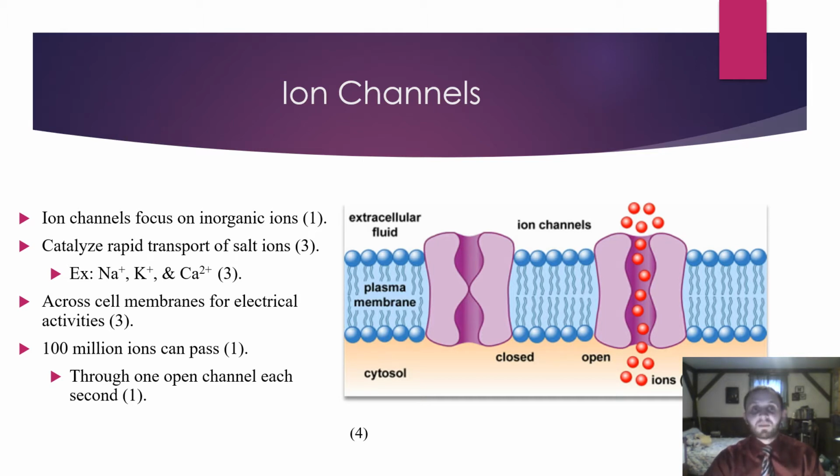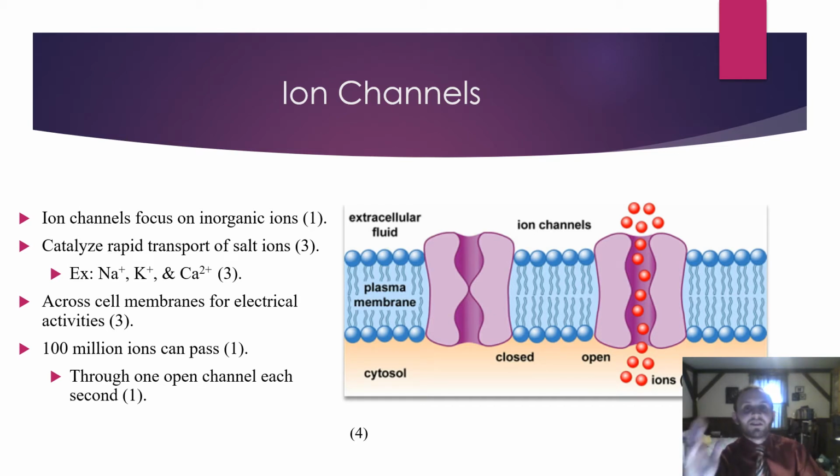A little fun fact here is that one of the cool benefits of ion channels is transport efficiency. In fact, these channels have an advantage over carriers in that they will allow up to 100 million ions.